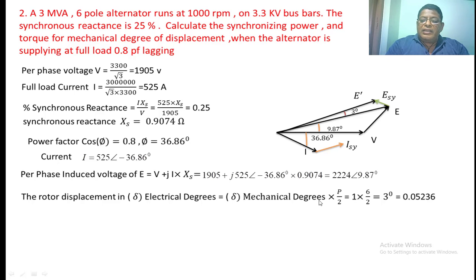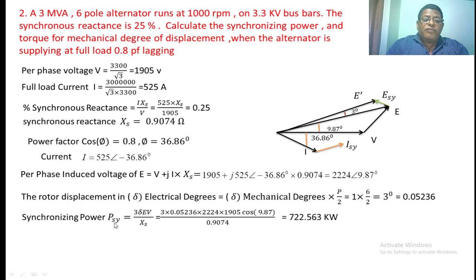So in mechanical degrees if we take 1, 6 by 2, in electrical degrees that is 3 degrees, in radians we get 0.05236. We are giving a disturbance of 3 degrees from E to E1 dash. Then the synchronizing power will exist in the machine, which brings the stator flux or rotor speed constant. Now this much of angle.